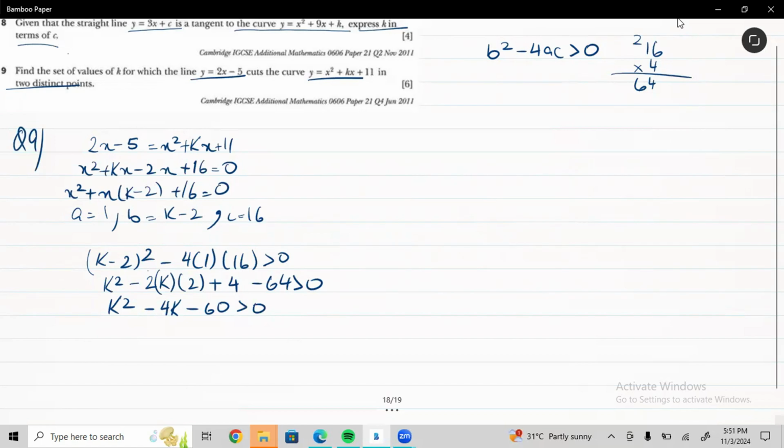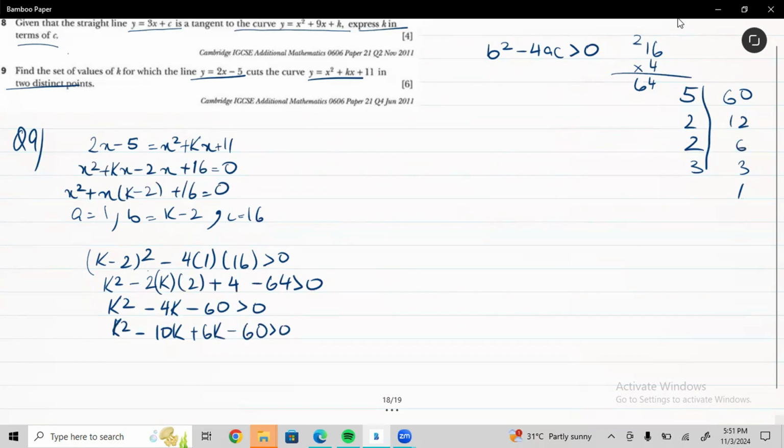Now solve this quadratic. First of all, I'm going to take my LCM. 60 is 2, 2, 3, 5, so we need factors of 60 that differ by 4: 10 and 6. So k squared minus 10k plus 6k minus 60 is greater than 0.